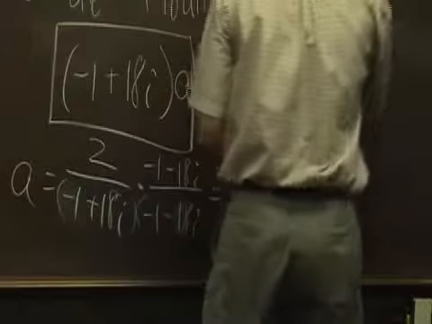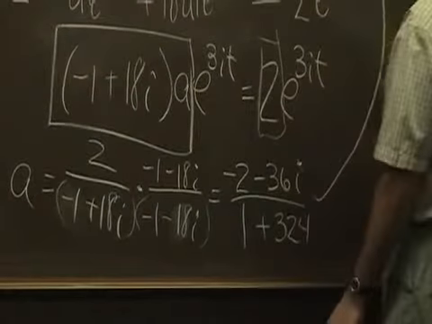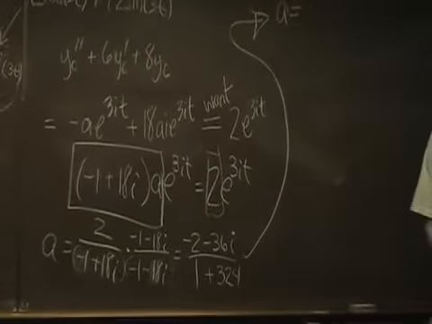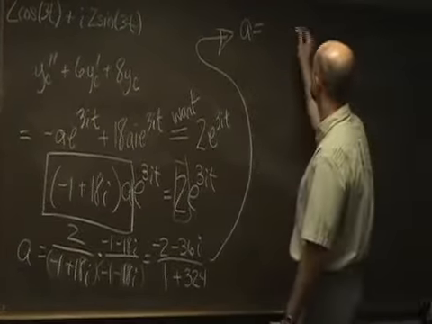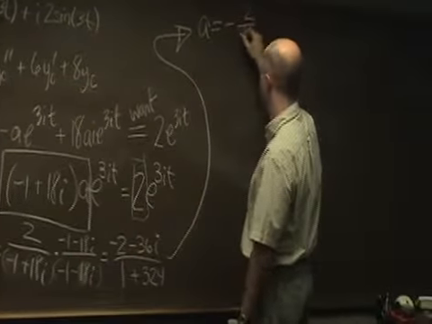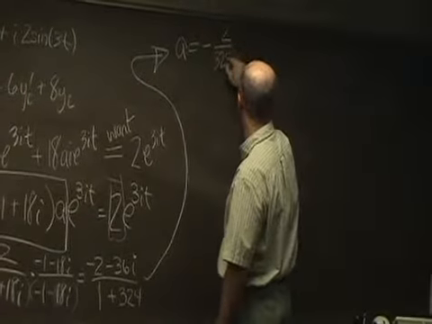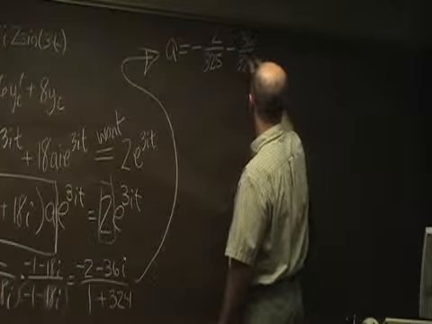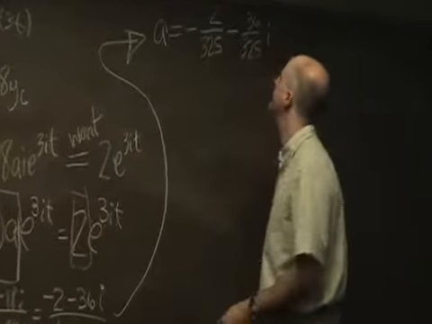Once you've got this, it's a good idea to write this in terms of its real and imaginary parts. You can separate the fraction like this. Negative 2 over 325 minus 36 over 325 times i.